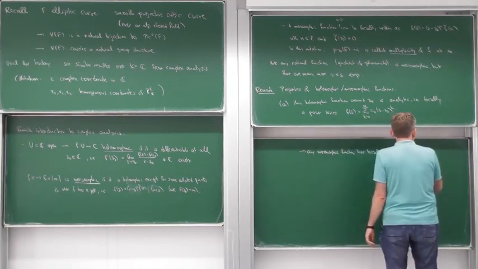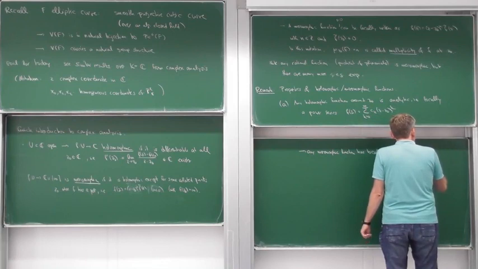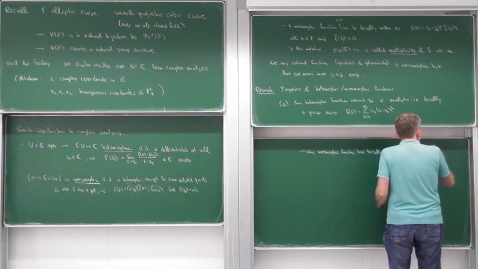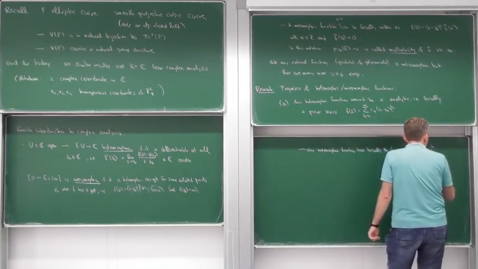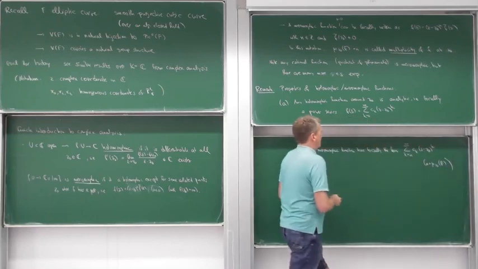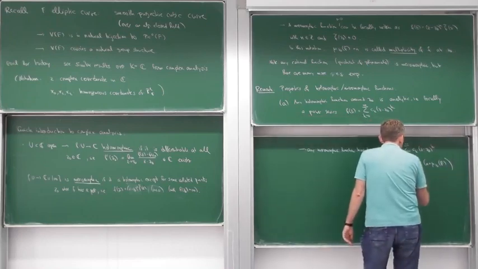So we start at n now, and we have the same c_k (z minus z0) to the k, where n is the order at the point z0 of that meromorphic function. And so that's usually called a Laurent series.